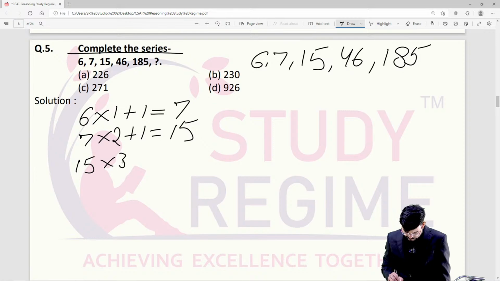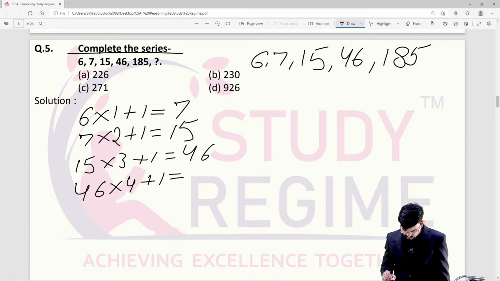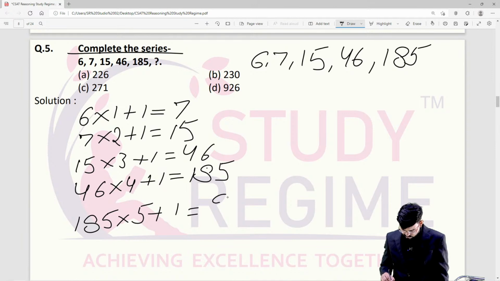Likewise, 15 into 3 plus 1, you got 46. 46 into 4 plus 1, 185. Therefore, the next number will be 185 into 5 plus 1. It will become 926.